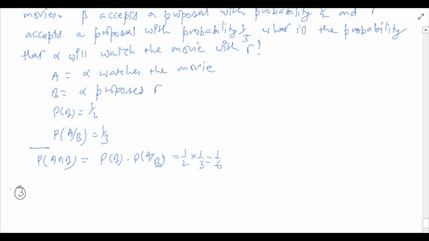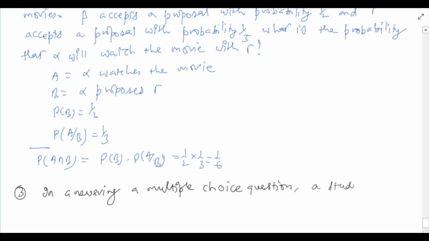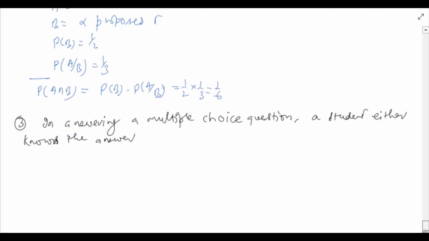Let's see one more example. In answering a multiple choice question, a student either knows the answer or, if he or she doesn't know, then he or she guesses it.